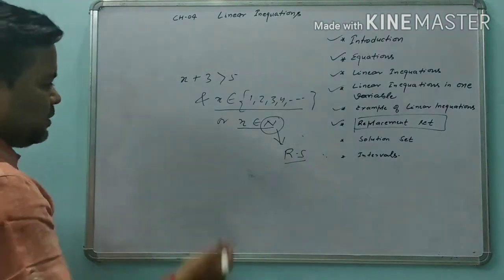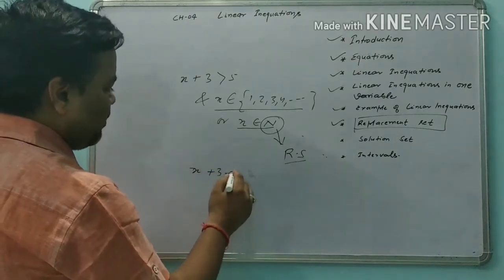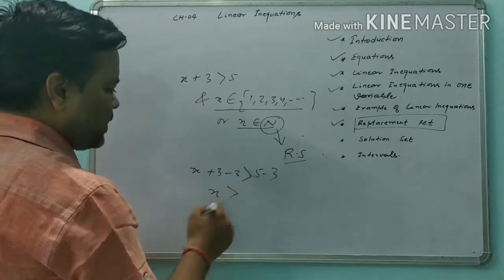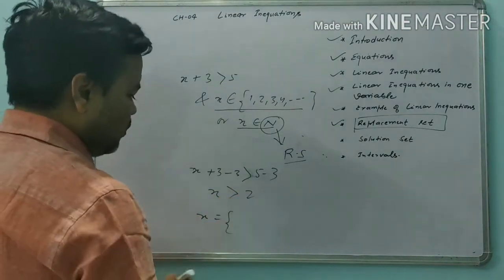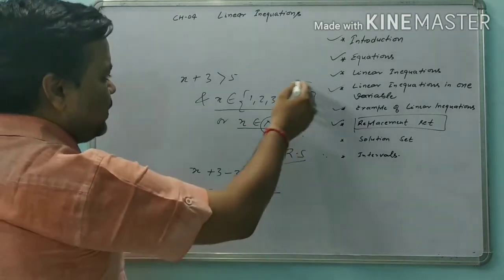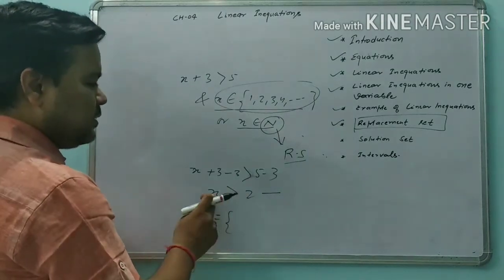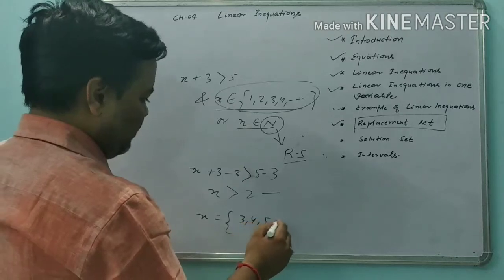How does it work? If we want to solve it, x plus 3 minus 3, and 5 minus 3, the 3s cancel, and x will be greater than 2. It means we will take the solution of this condition from here. So we will take only those values which are greater than 2, just like 3, 4, 5, like that.